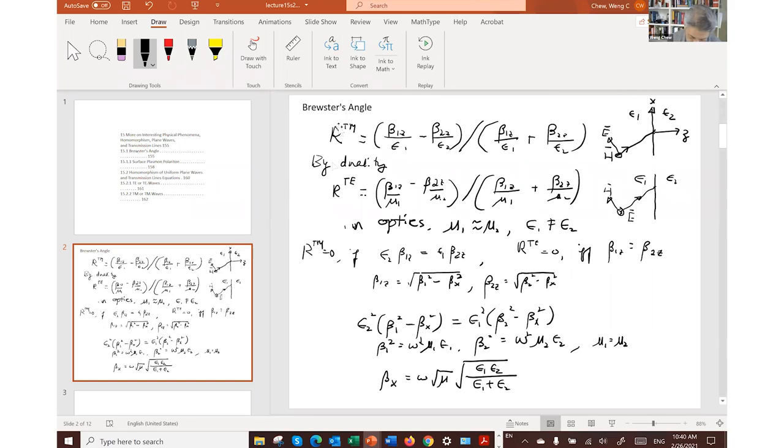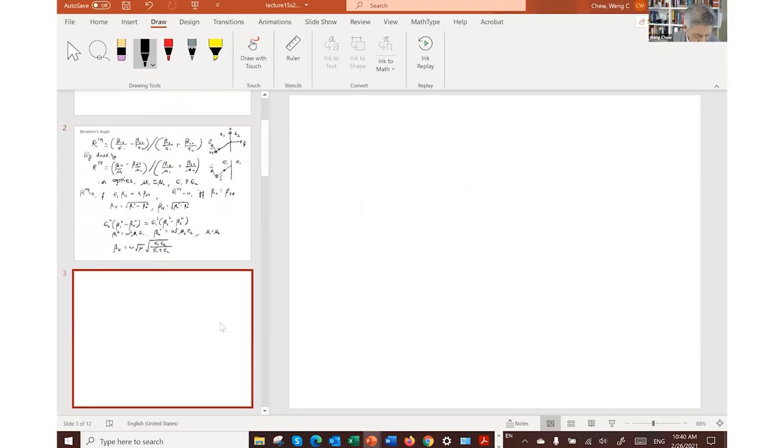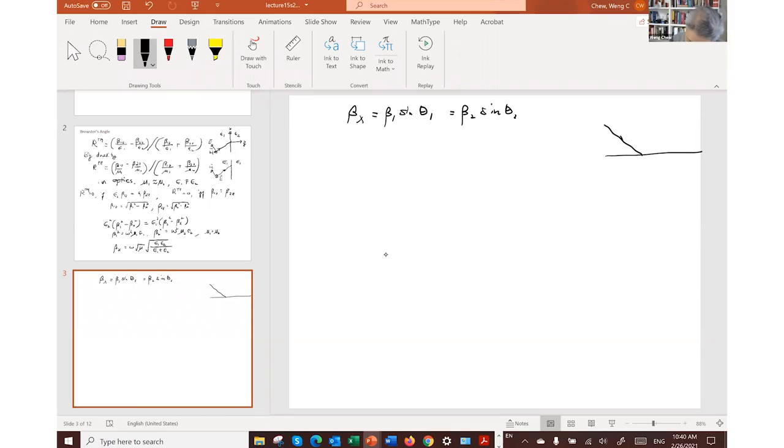Interesting in the sense that if I were to look into the physics of this in greater detail, I know that beta x is equal to beta 1 sine theta 1. It's also equal to beta 2 sine theta 2 because of phase matching. Beta x is the same in both regions.